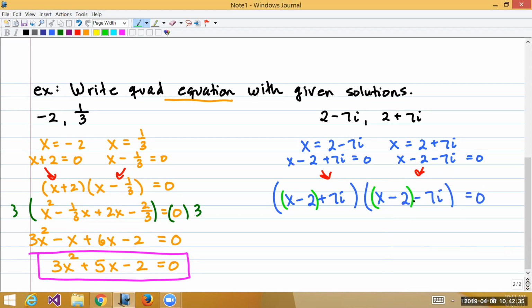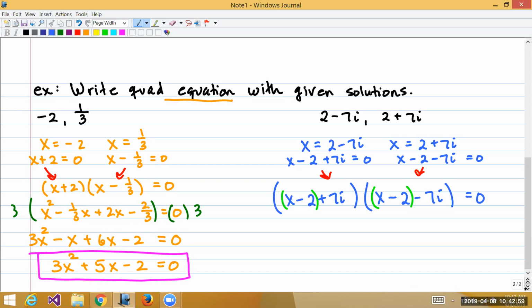And look at this now. What do we see? We actually have a set of conjugates. The first term in each factor is x minus 2, x minus 2. The second term, 7i, 7i. Notice the only difference is the middle sign, one is positive, one is negative. That leads us to multiplying conjugates.